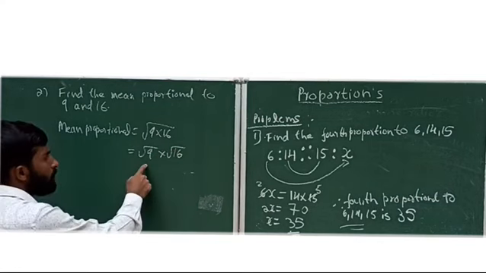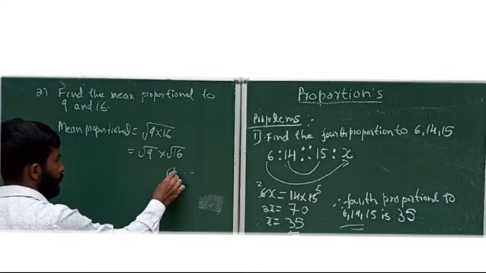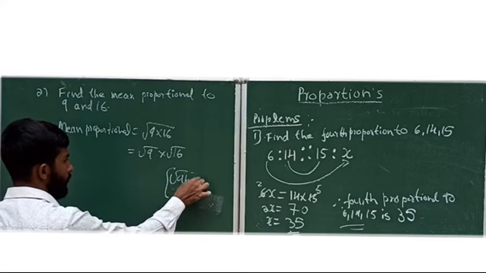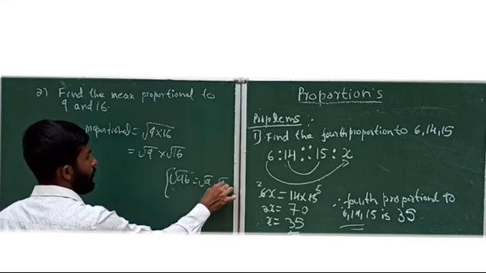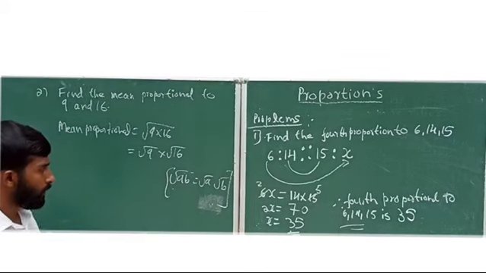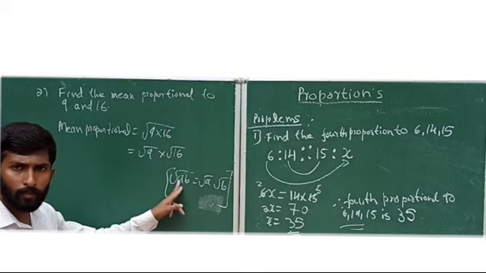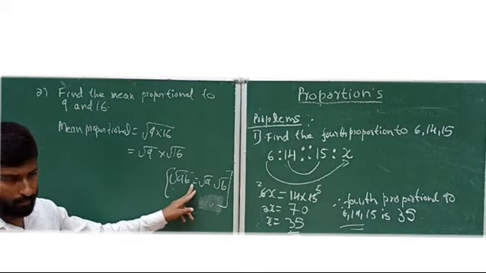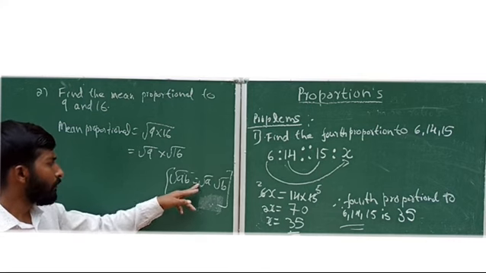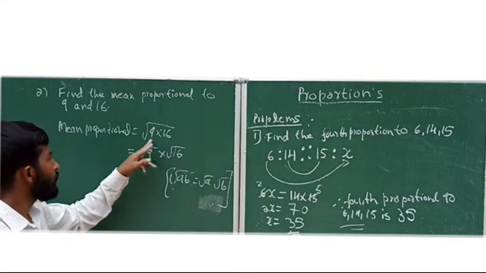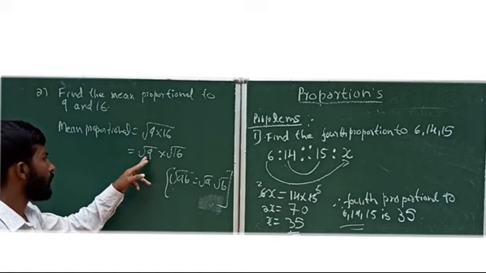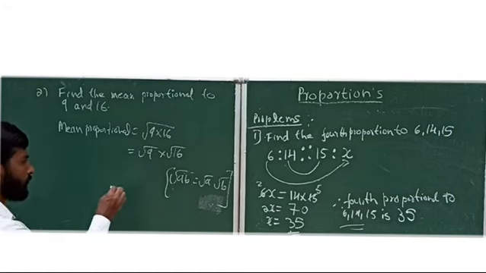because whenever two positive numbers are given, we have the formula root AB equal to root A into root B. It's a very important condition. A must be a positive number, B must be a positive number. Then root of AB is root A into root B. So root of 9 into 16 can be written as root 9 into root 16.